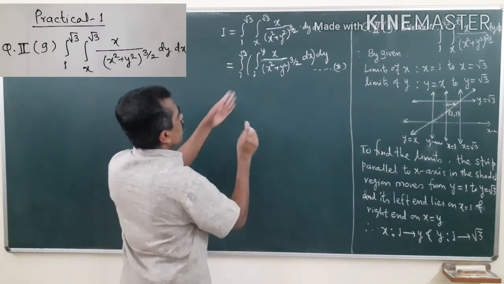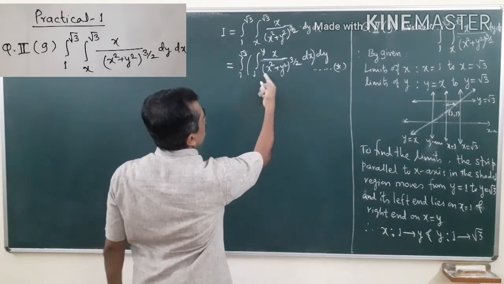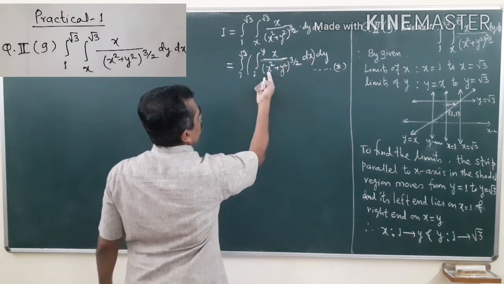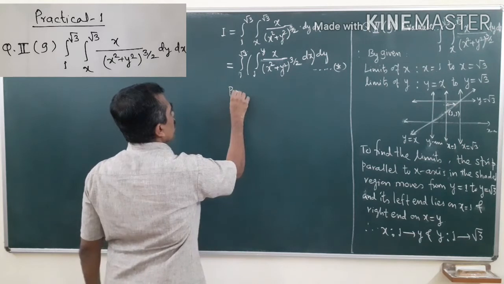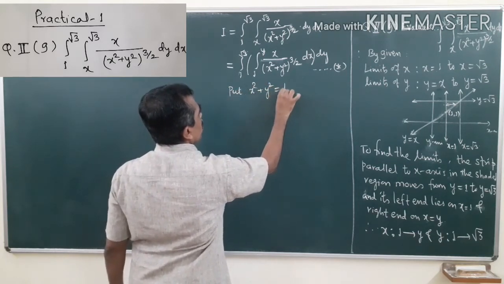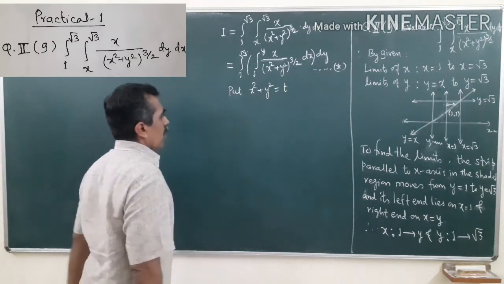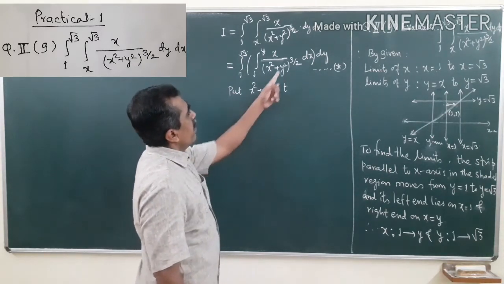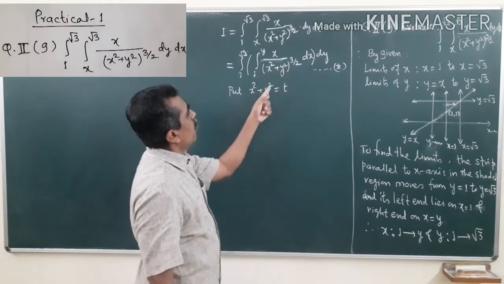Now to evaluate this, we have to make a substitution. We have to make use of x dx, so put x square plus y square equal to t. Here we are treating y as constant.